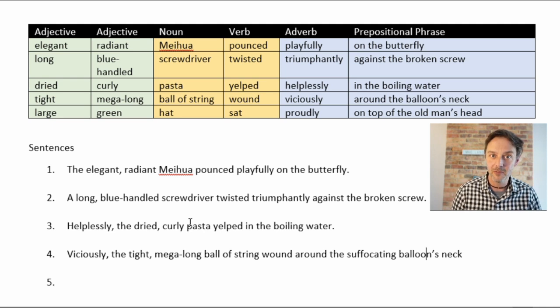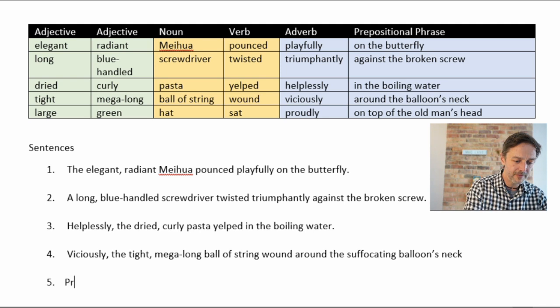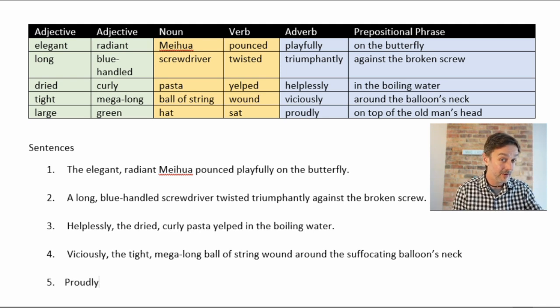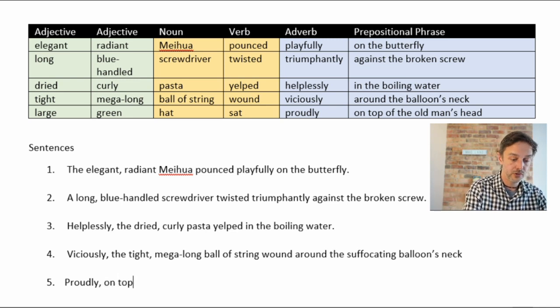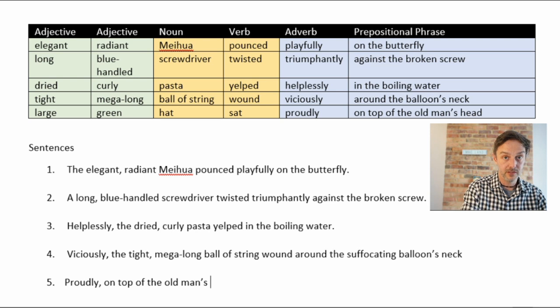I think I'm going to do that one now that I've thought it out loud. So I'm going to start with an adverb again, even though I've started with an adverb the last 2 times as well. Proudly, and I'm moving the prepositional phrase as well, on top of the old man's, apostrophe, because the head belongs to the old man's head.